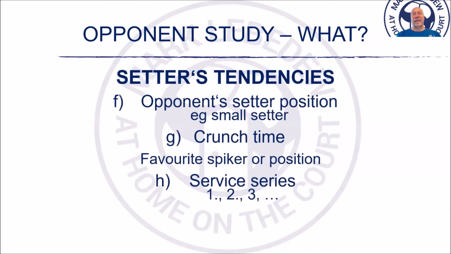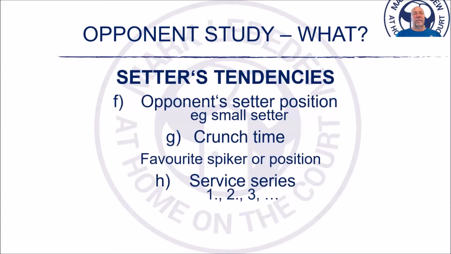And that's the end, abruptly, of our setters' tendencies. You might be able to think about more. One thing that I do a lot, especially because I have access to the Science Untangled setting app, is combinations of different things.